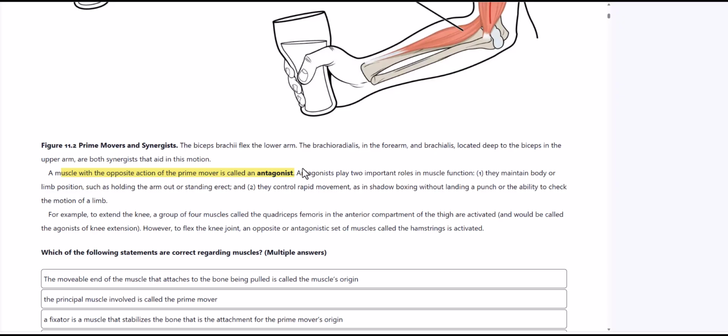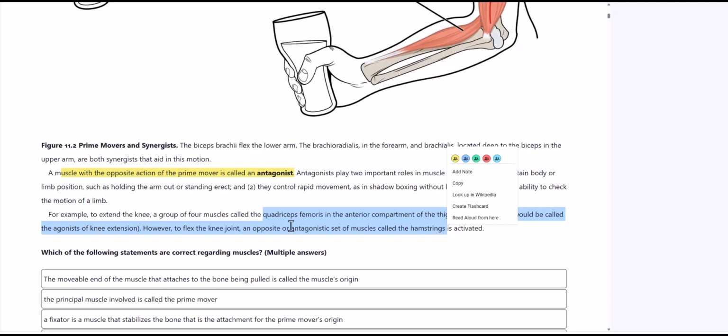And in lab, you have learned about a couple of antagonistic muscles or opposing muscles. You've also learned about opposing muscle groups. So you know, for example, that the flexion of the knee is the job of the hamstrings, and the extension of the knee is the work of the quadriceps. So your quadriceps femoris muscle group and your hamstring group are opposites or antagonistic to each other.